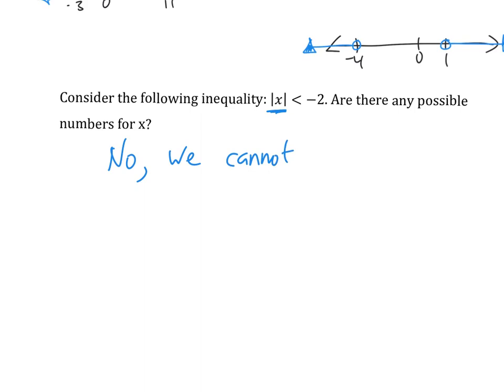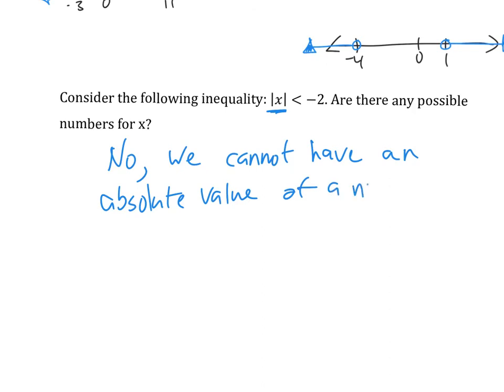Because all numbers less than -2 are going to be negative, right? So we can't have an absolute value of a number that is negative.